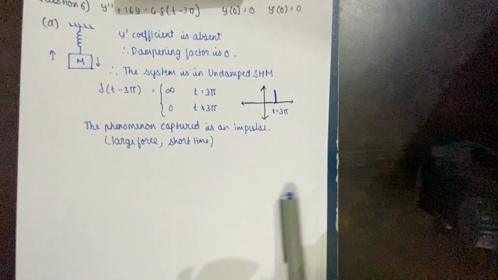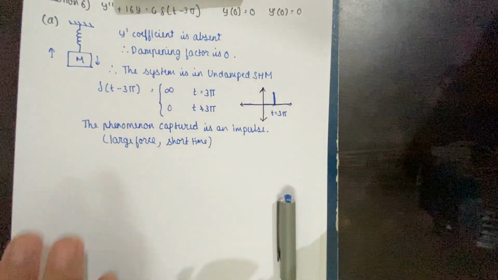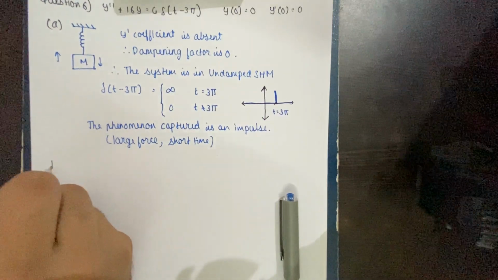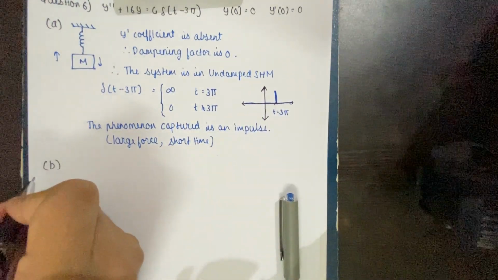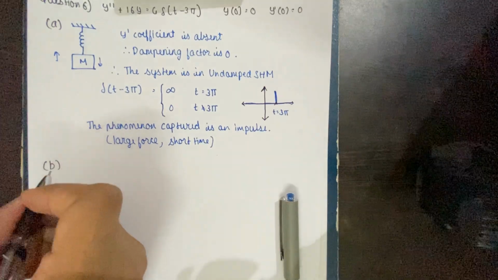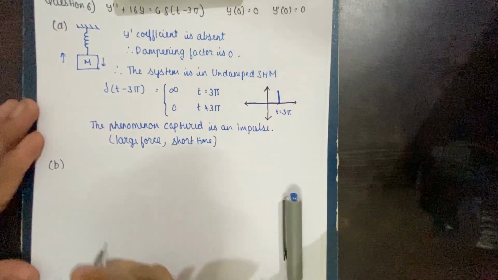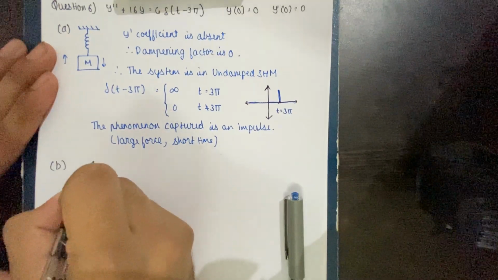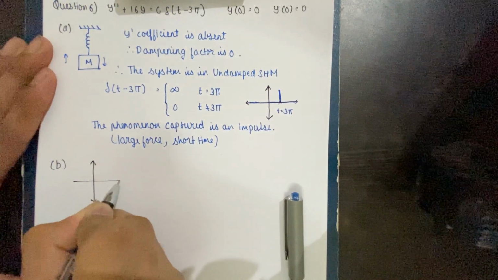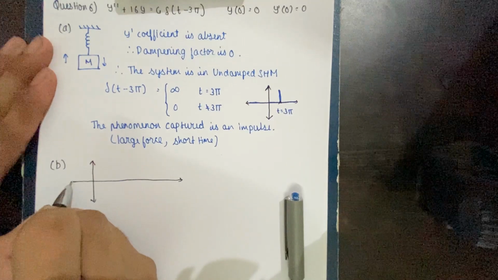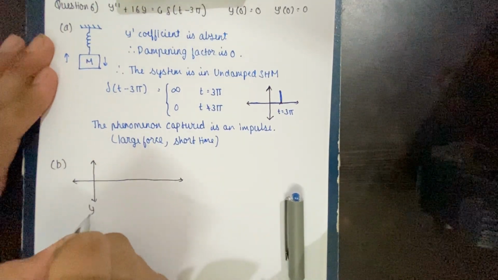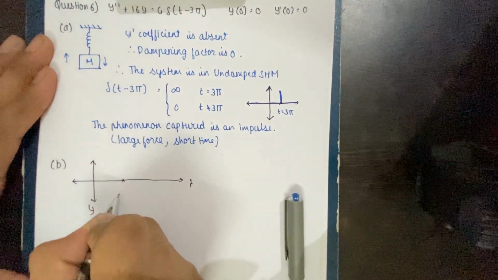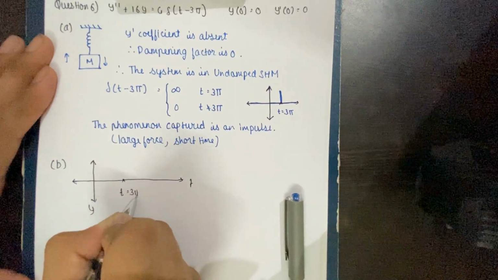Let's go to the B part. As I mentioned, assuming that the system is at rest before receiving the impulse at t equal to 3 pi, this is the graph of y versus t, and this is t equal to 3 pi.